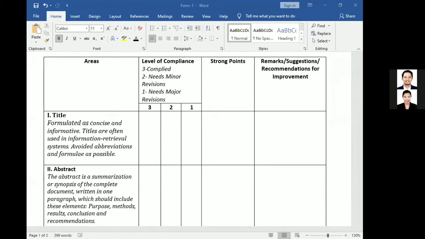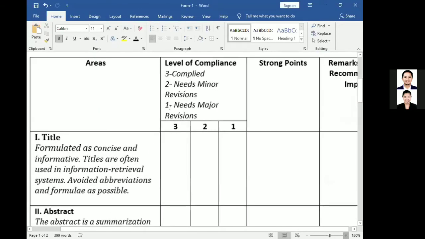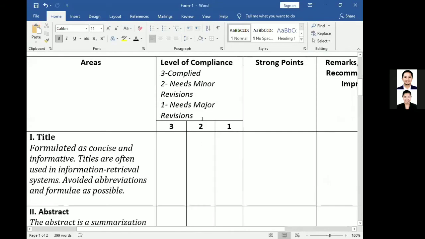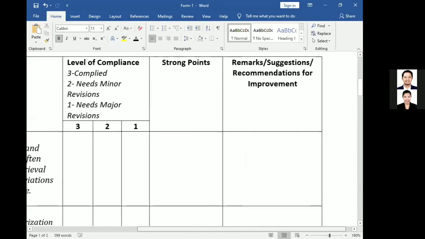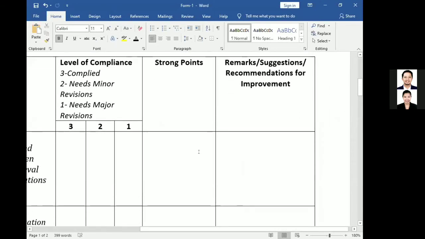3 means complied. 2 means needs minor revision. 1 means major revision. And then you have to list the strong points, if you can find them, because this is very important to be able to motivate the writer.